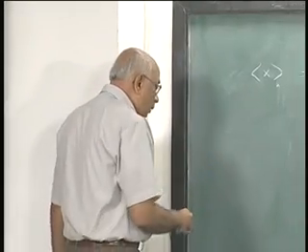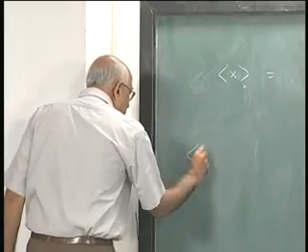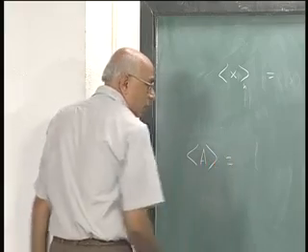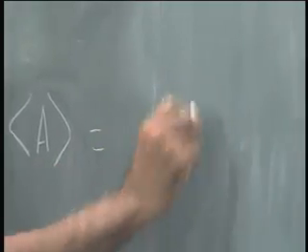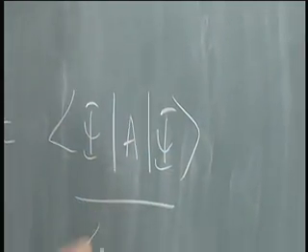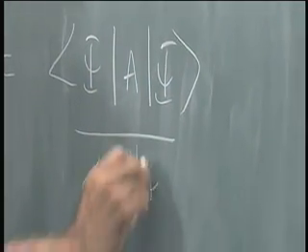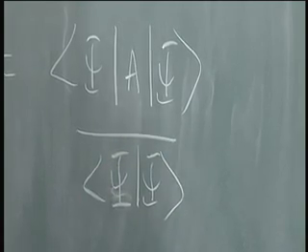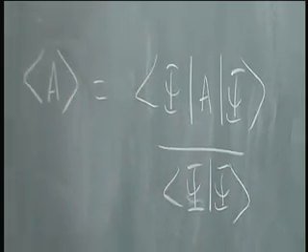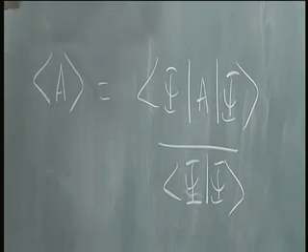Remember our general formula for the expectation value of an operator A in any state whatsoever. This was ⟨psi|A|psi⟩ divided by ⟨psi|psi⟩, that is our general formula. Now we have to apply that to the present situation.